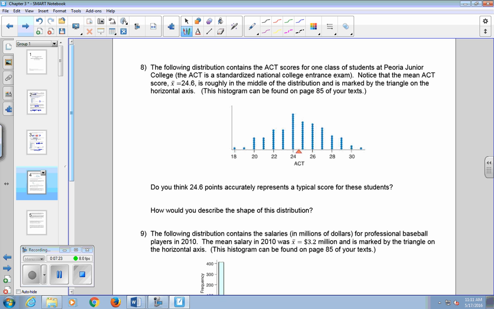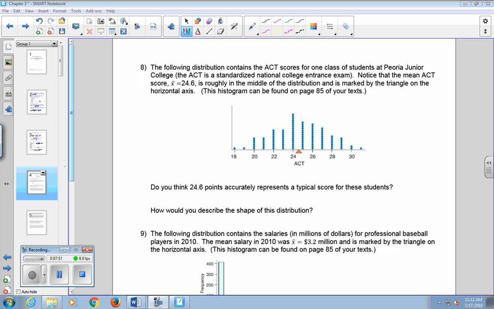So the following distribution contains the ACT scores for one class of students at a junior high. Notice that the mean ACT score, X bar, is equal to 24.6, is roughly in the middle of the distribution, and is marked by the triangle on the horizontal axis. Do you think that 24.6 accurately represents a typical score for these students?